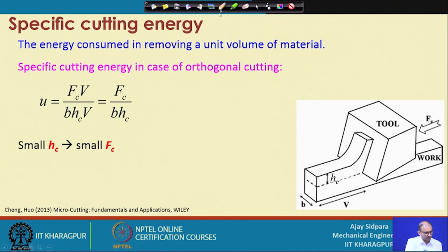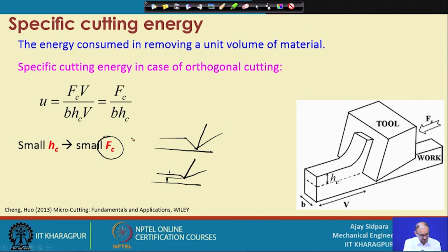Because here we want to remove a small material, suppose this is the depth of cut and now this is the depth of cut. Because the smaller you give the depth of cut, obviously your force is small.